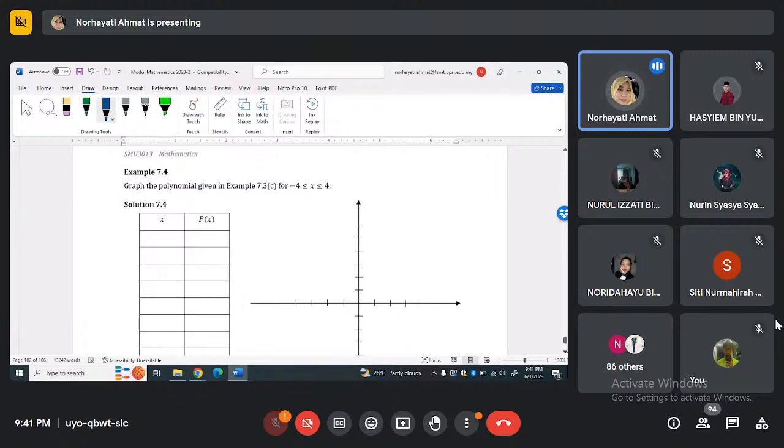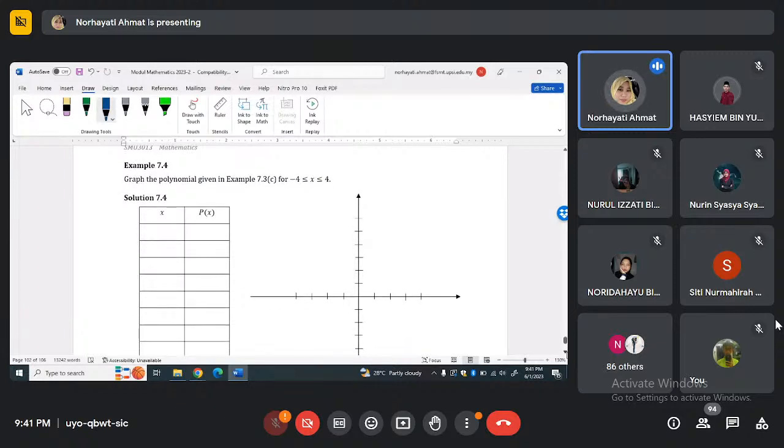So given the polynomial in example 7.3c, we just discussed roots just now, for x from negative 4 to 4. You need to follow the question. So given the domain for the function from negative 4 to 4, these are x.